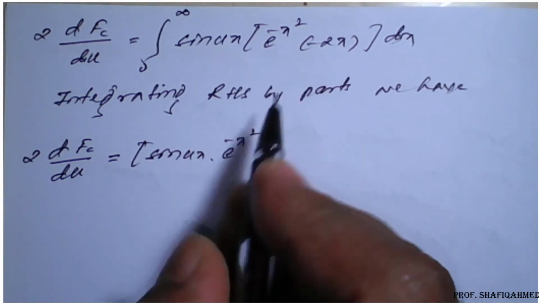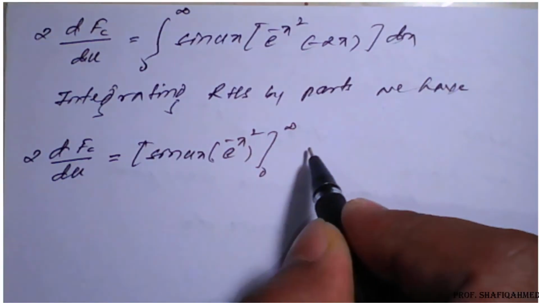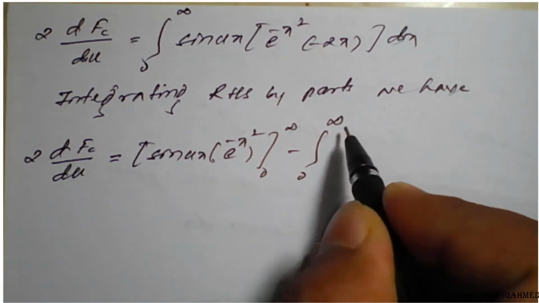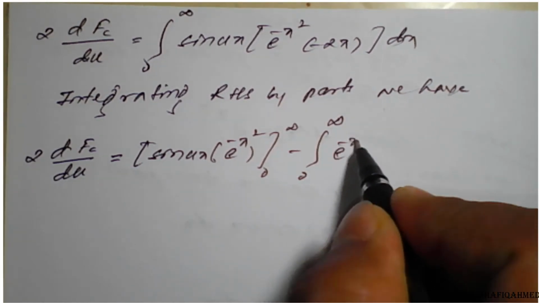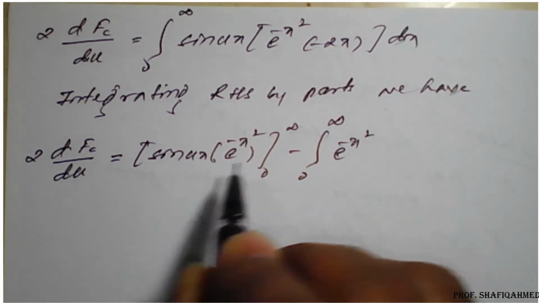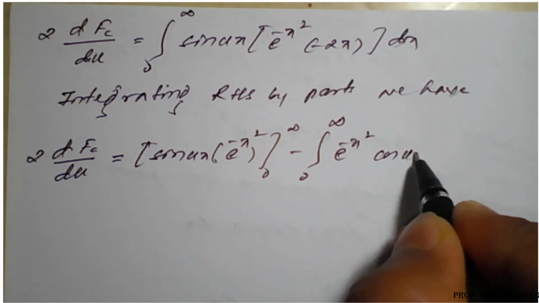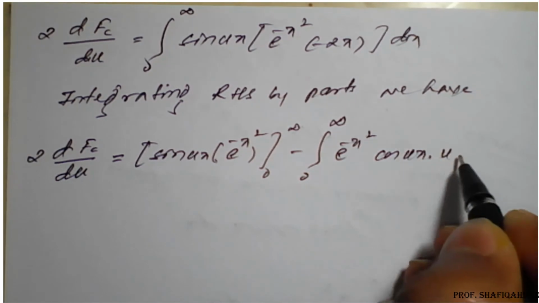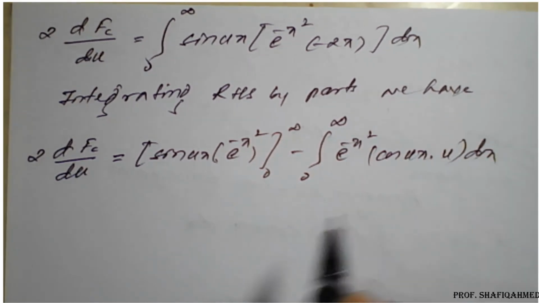If you apply by parts for this, e raised to minus x square from 0 to infinity, minus integration 0 to infinity e raised to minus x square into the differentiation of sine ux, which is cos of ux into u, because we are differentiating with respect to x here, into dx.